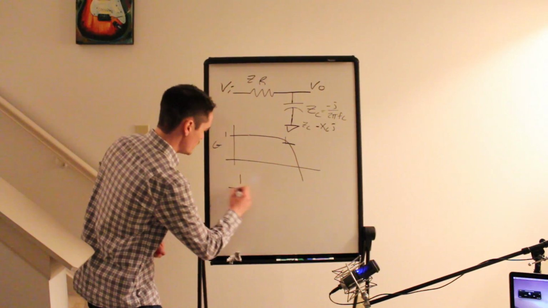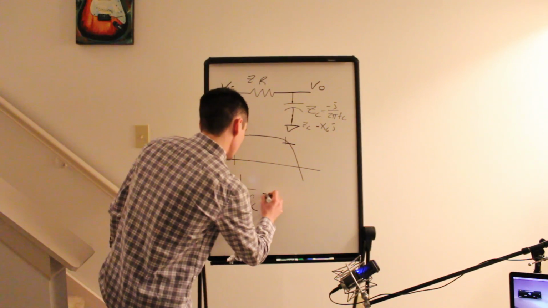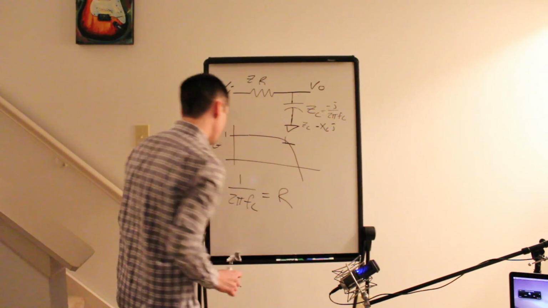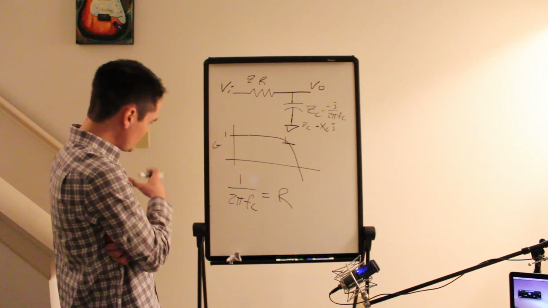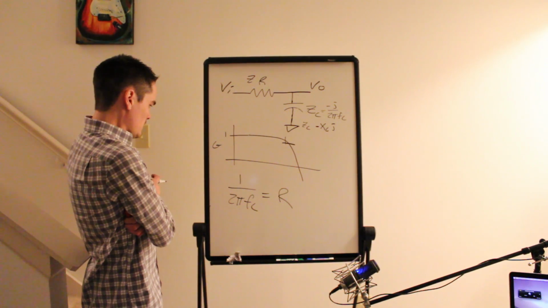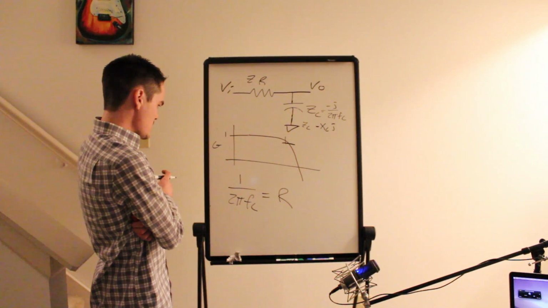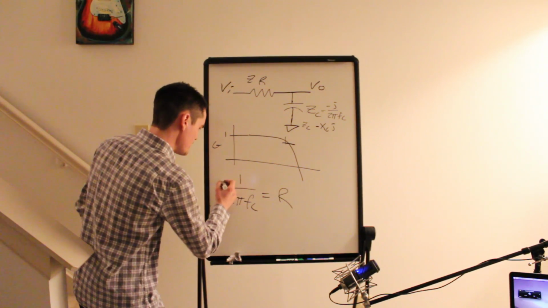So what we can do is go 1 over 2 pi Fc is equal to R. So what we can do now is solve for this. Okay, so let's multiply both sides by 2 pi c.